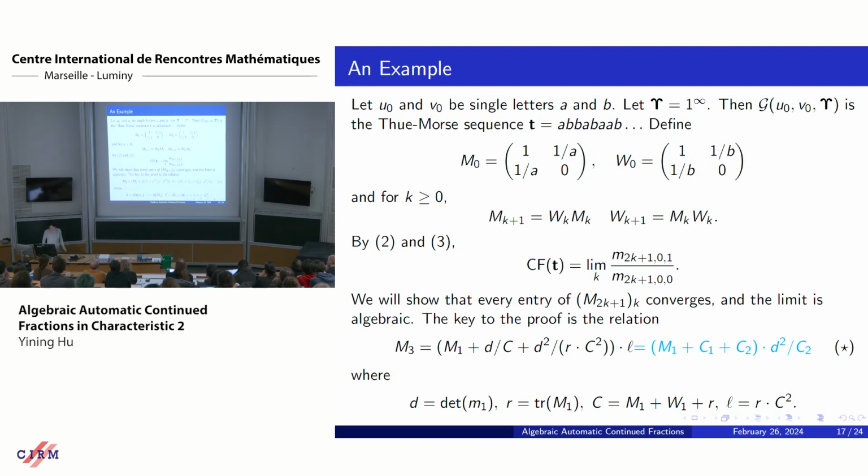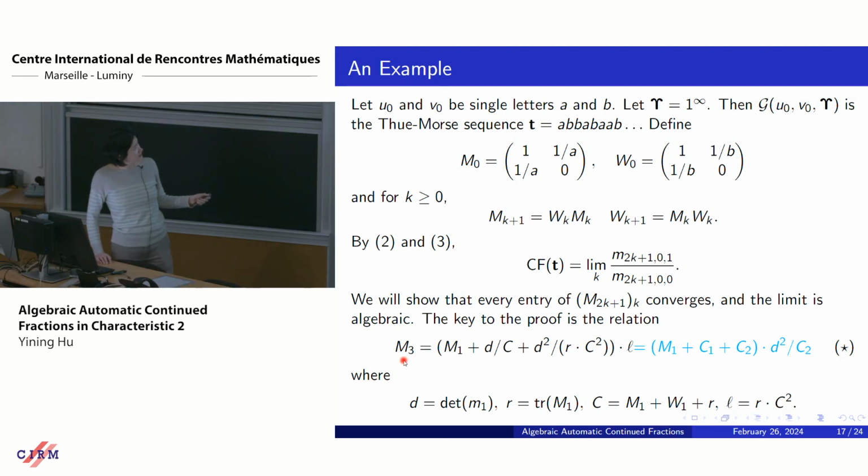The key of the proof is a relation between M3 and M1. For the moment, let's not look at the blue part. I will come back to the blue part later. So we have this relation where D, R, and L are some constants. And then the next thing that I realized is that the relation star holds, it does not depend on the particular form of M0 and W0.